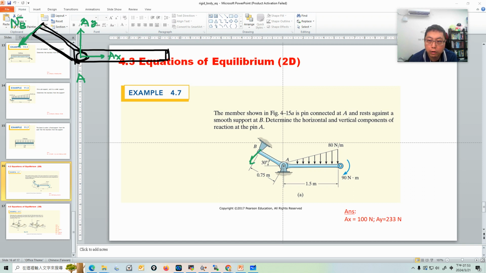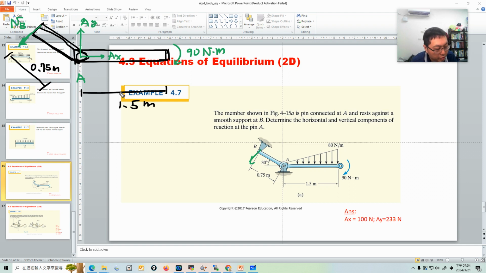Then we have the applied moment here, 90 Newton times meter. Newton times meter is the unit for moment, or torque. Then what information do we have? Here is 1.5 meters, and here is 0.75 meter.